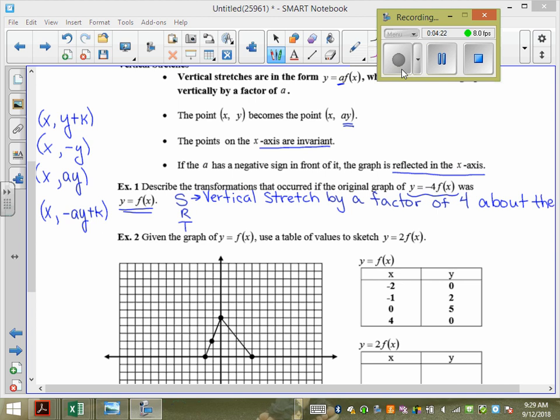X-axis or y-axis? Remember when it affected the y for reflection, what was it about? The x-axis, right? If I'm stretching vertically, I'm going to stretch it about the x. I'm either going to stretch it more or I'm going to squish it, right? It's about the x as well. So the great thing is if it's about the x-axis for reflections or stretches, when it's with the y, at least it doesn't change, right? At least it's not about one and then the other, and that would be super confusing.